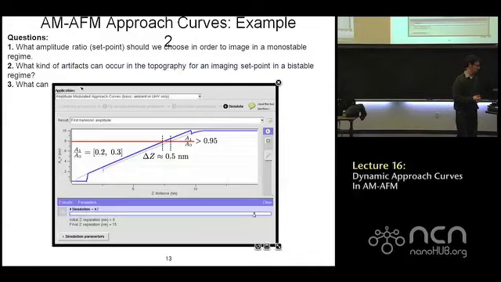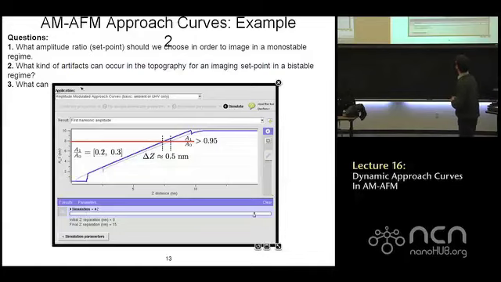So what can happen is we're imaging over the sample and adjusting the Z piezo with the amplitude feedback. If we encounter bumps and irregularities of the sample, there's always a possibility of going from one oscillation state to the other, right? Because we're changing the initial conditions, we might bump into the sample a little bit harder.